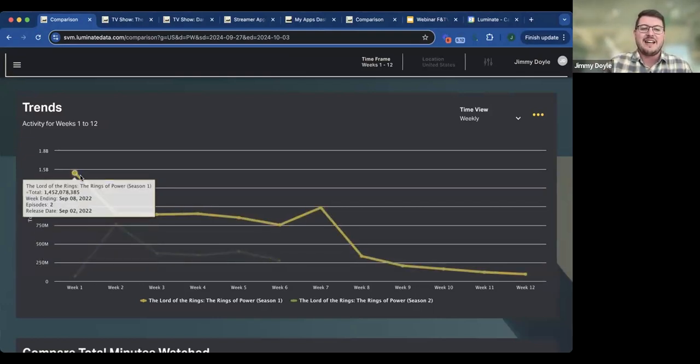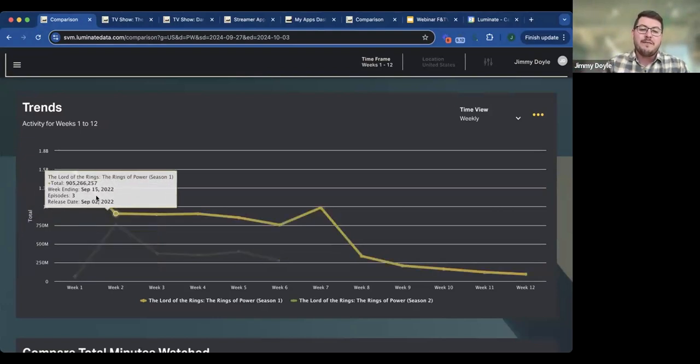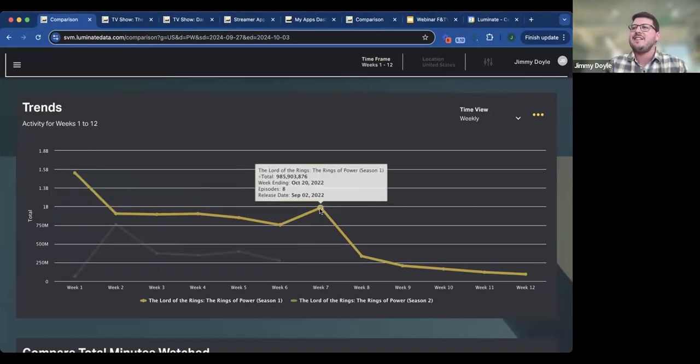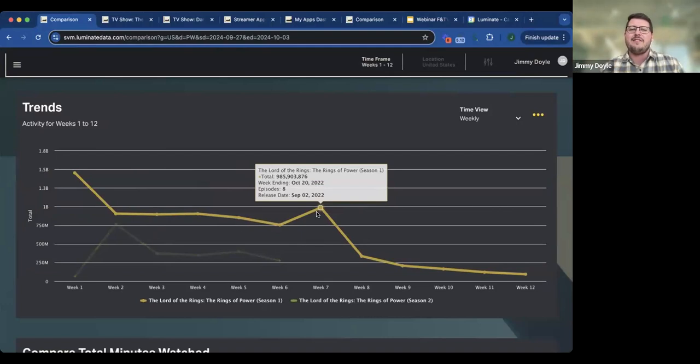We see it tracking a lot better for season 1. Initially, that was concerning. They had a really big opening for season 1. It premiered really well, even though it dropped off a little after that first episode. We'll see it having really steady viewership and actually gaining toward the end of the season.